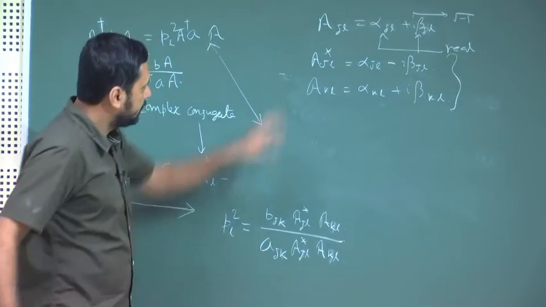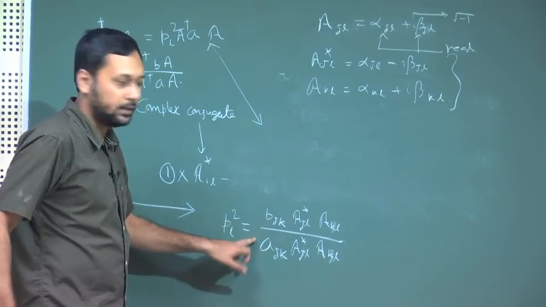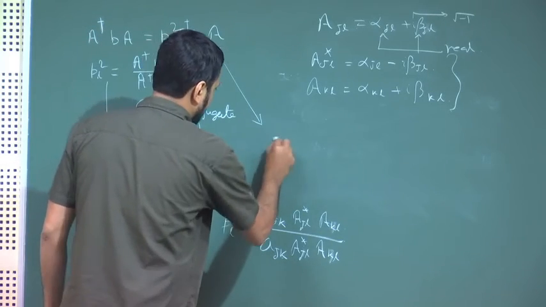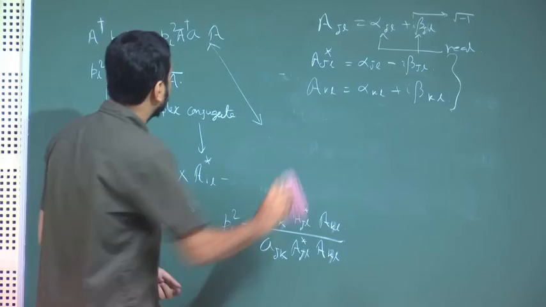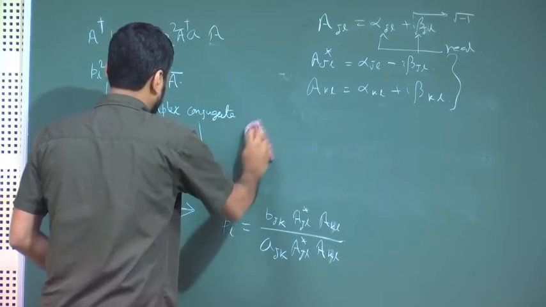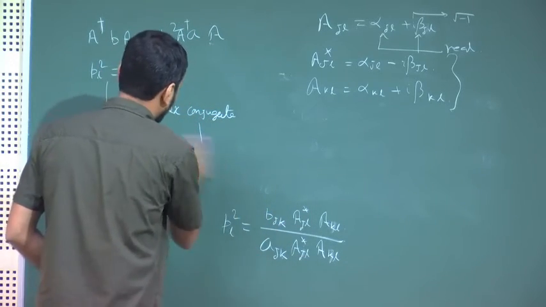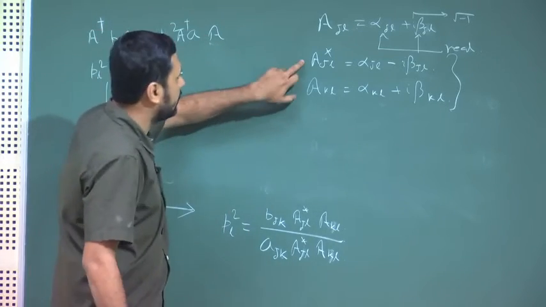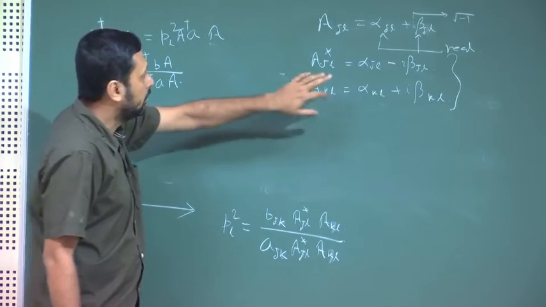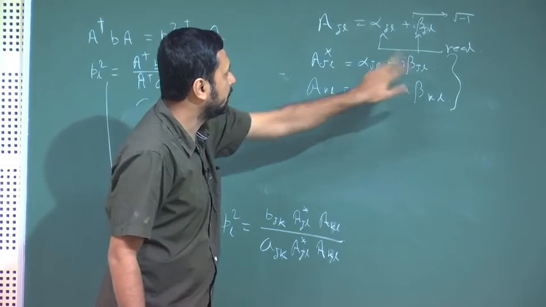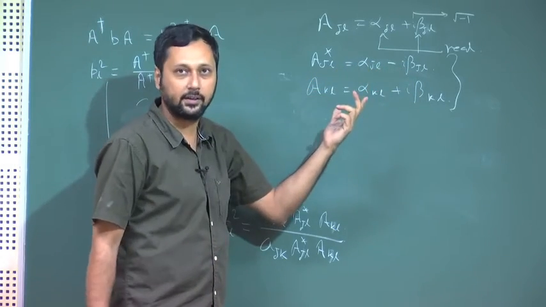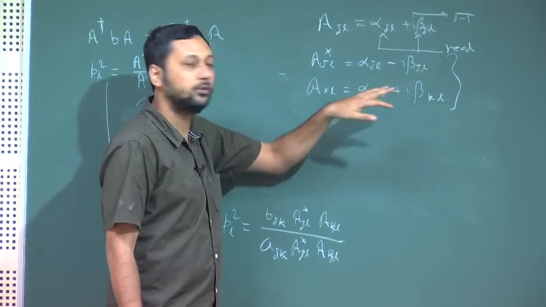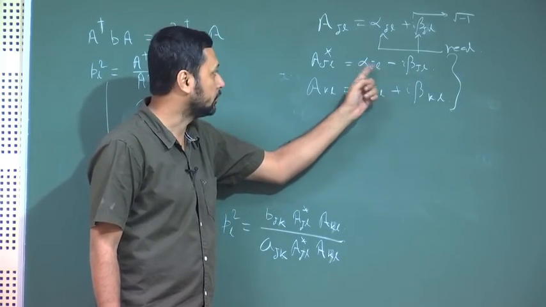If I substitute these two into this equation, I will just write it here. Once again, this is the complex conjugate operation. Because these are real numbers, we have to replace I by minus I. If they were complex numbers in general, we would also have to include the complex conjugate of those.